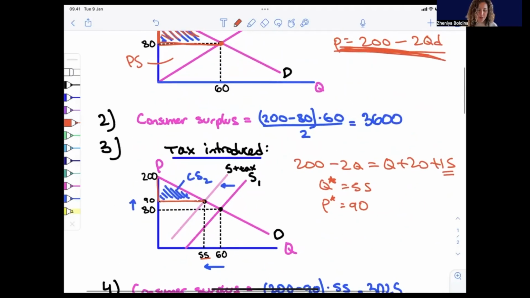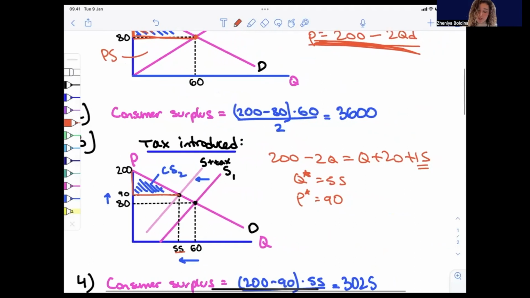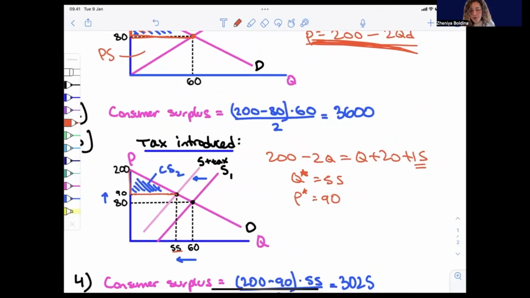So now moving on to the third question. As I mentioned earlier, we know that the tax is imposed on producers, and that's why there's a shift of the supply curve to the left. So now we see the shift from S1 to S plus tax. In order to determine the new equilibrium price and quantity, we simply need to add 15 to our supply function.